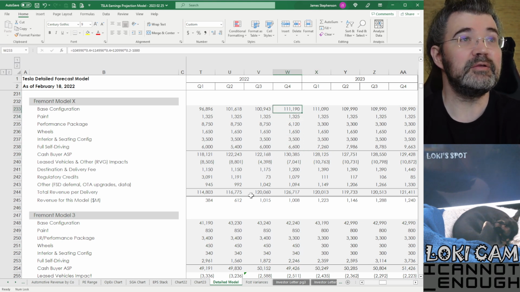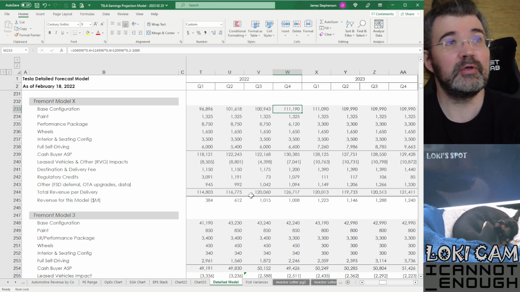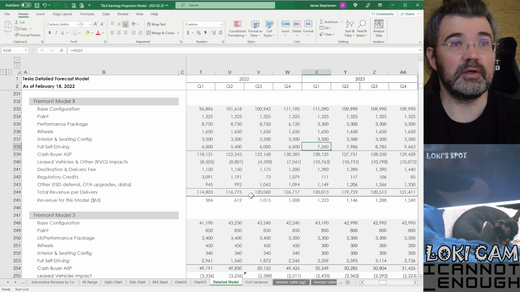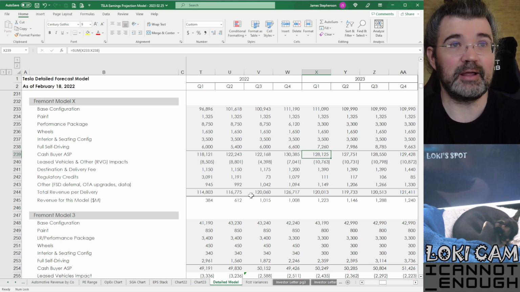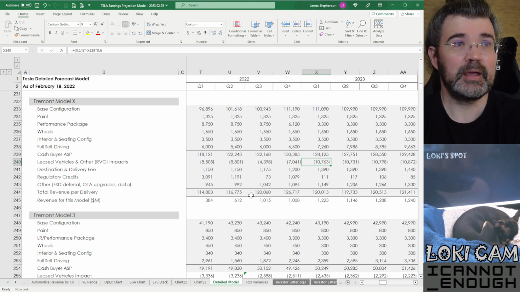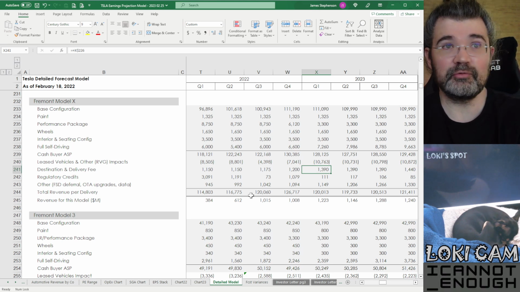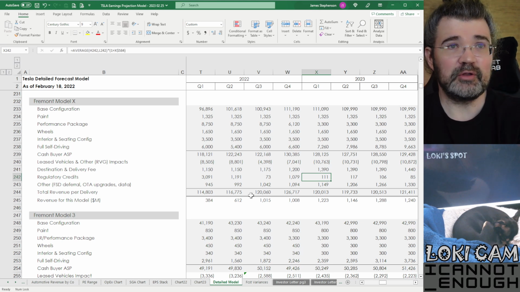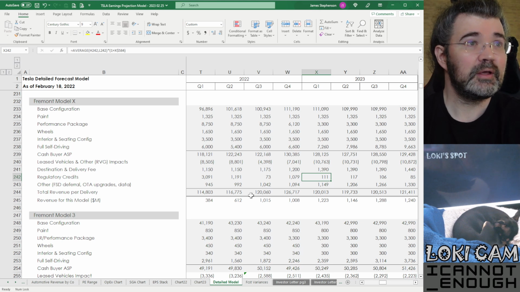And I did dock the ASP $1,000 for that U.S. delivery incentive, which would have impacted some of the Model X buyers in Q4 of 2022. So you've got a pretty high leased vehicles impact, a little bit higher than we saw for Model S. Same destination and delivery fee. No matter which model you buy, it's the same price.